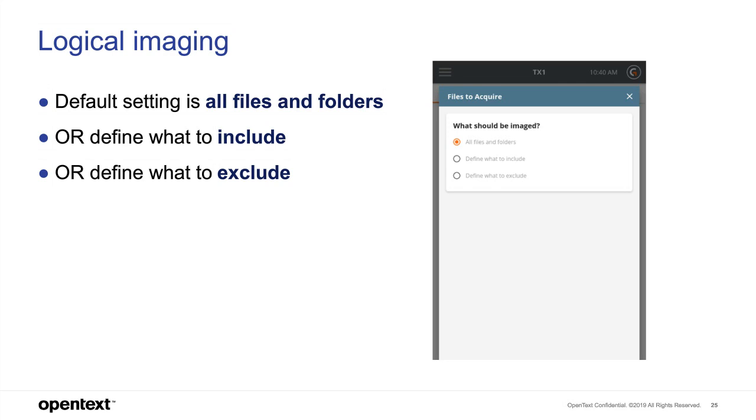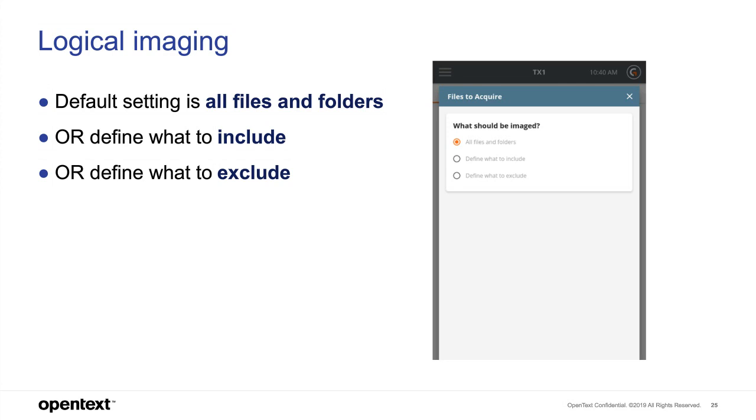In the case of documents, TX1 searches through well over 100 different file types to ensure you find the documents you're looking for. And don't forget about direct selection for files of interest.